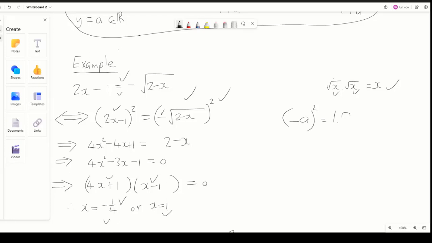And a times a is a squared. But 1 times a squared is a squared. You see that? So this is negative 1, and negative 1 squared is 1. And a times a is a squared. And a squared times 1 is a squared. See that? So that's how I got rid of this negative.